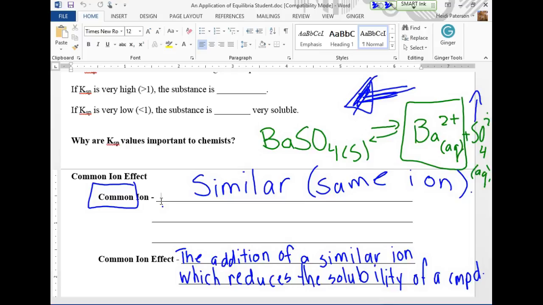So I'm actually decreasing the KSP value even further, and I am decreasing the solubility of barium sulfate. This can be very important if you don't want certain ions to be around.